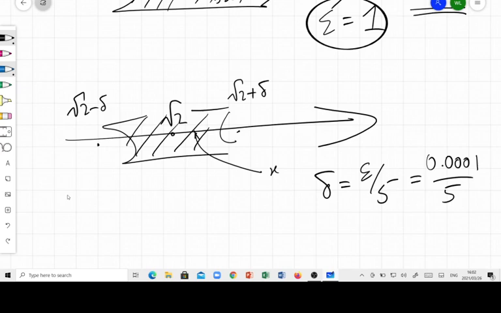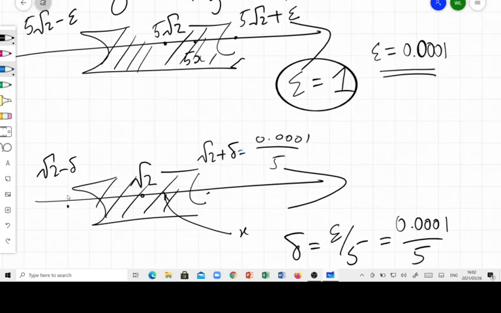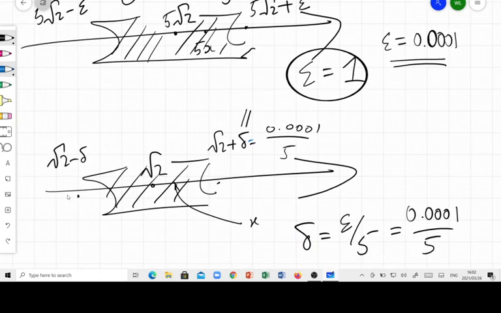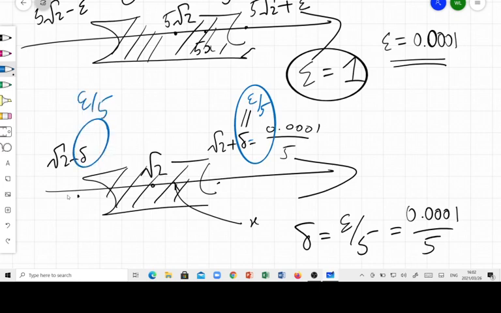If I can get my x's within that delta of square root of 2, then I'm guaranteed that my 5x's will be within 0.0001 of 5 square root of 2. And in general, if I can make my x within epsilon over 5 of square root of 2, then, because everything just magnifies by 5, it will mean that my 5x will be within epsilon of 5 square root of 2.